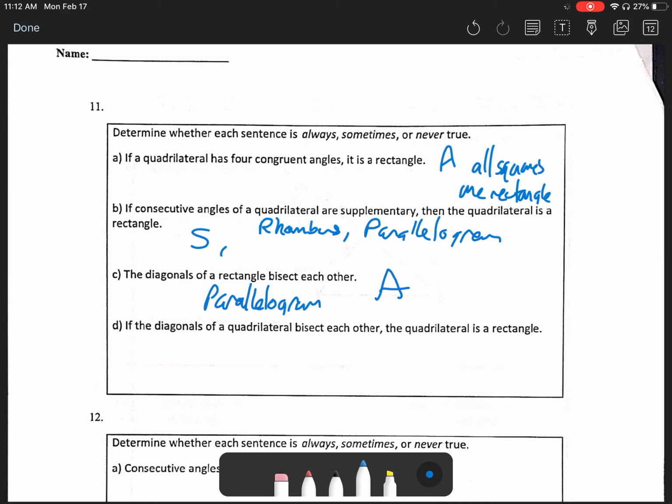If the diagonals of a quadrilateral bisect each other, then the quadrilateral is a rectangle. That is also only sometimes true because it could be a rhombus or a regular parallelogram.